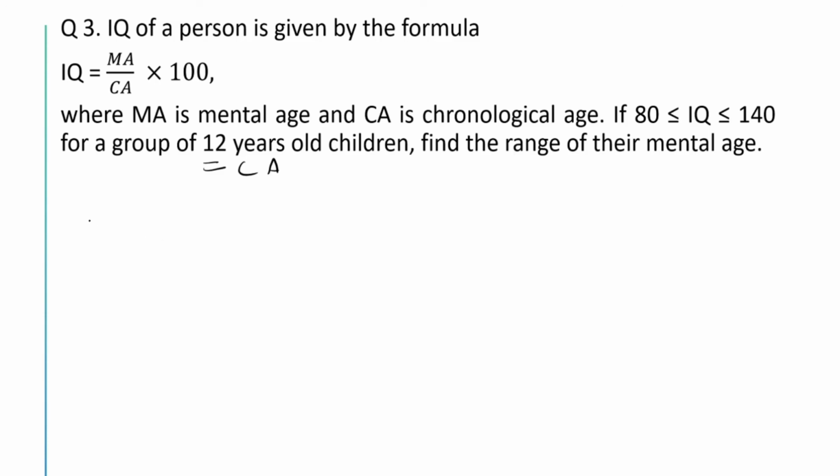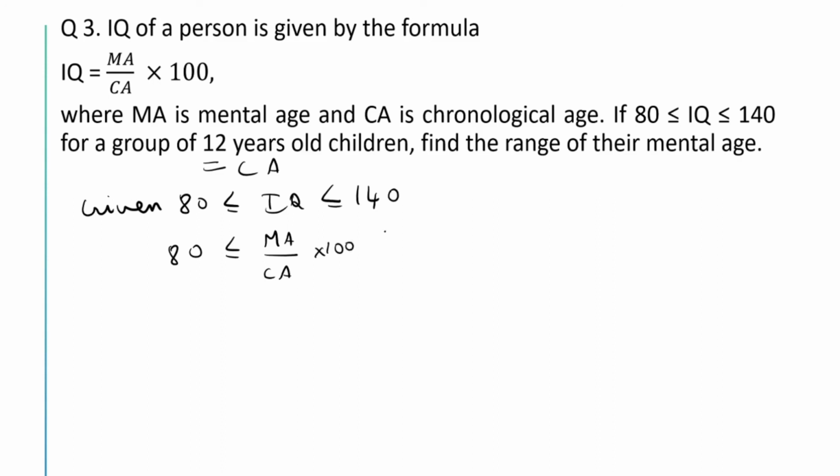So given 80 less than or equal to IQ less than or equal to 140. And IQ is measured as mental age divided by chronological age into 100, less than or equal to 140.